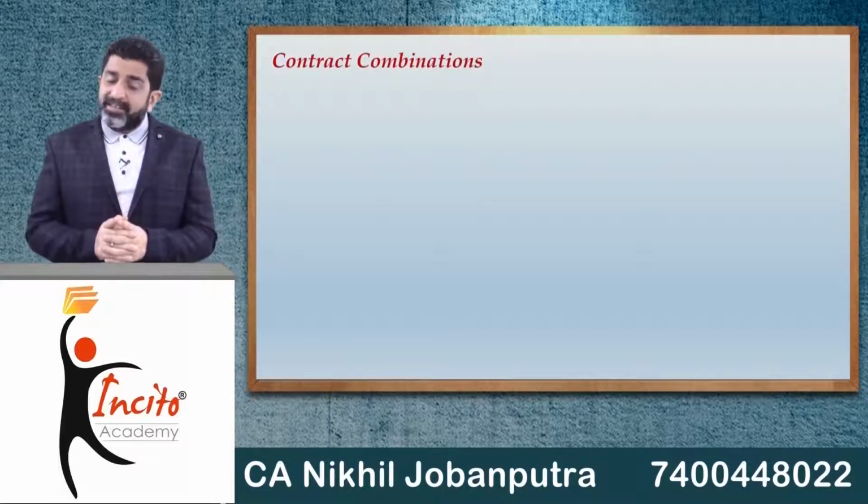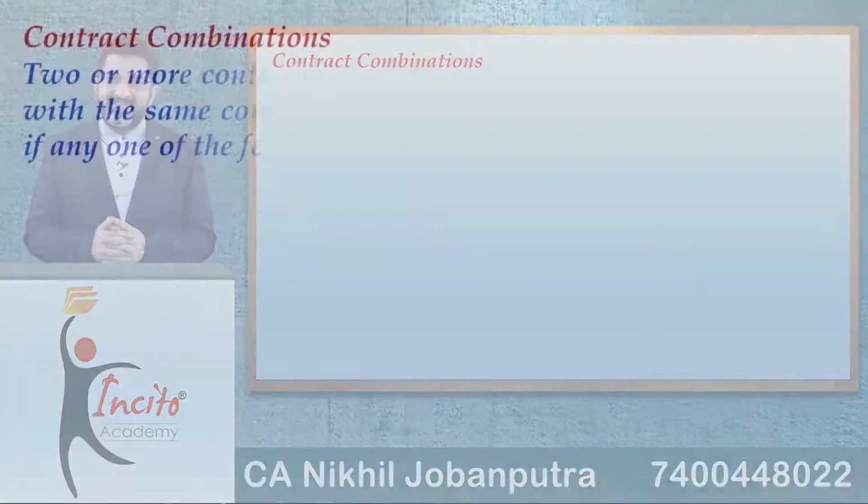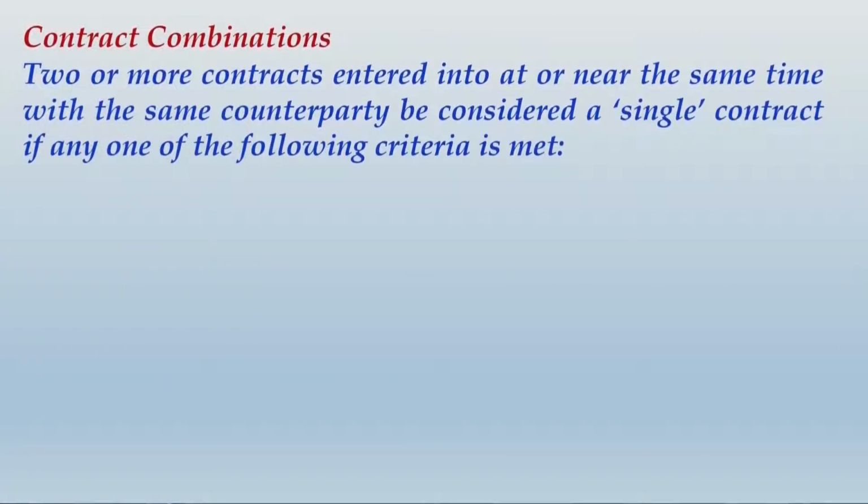So let us write up a note about this. Two or more contracts entered into at or near the same time with the same counterparty be considered a single contract if any one of the following criteria is met. So out of the three conditions, as I have mentioned, you just need to fulfill any one of these conditions.